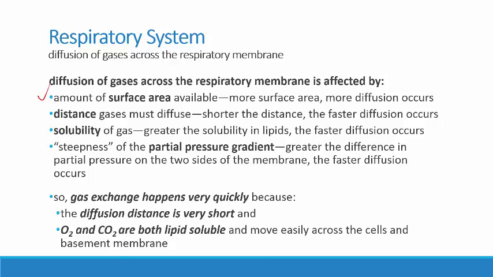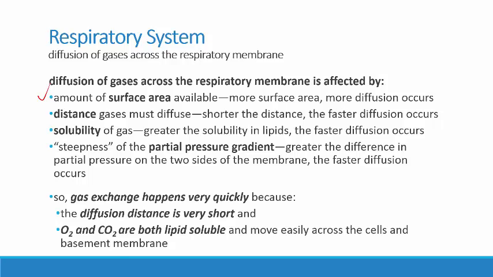The second thing that affects diffusion is the distance that the gases have to diffuse. The shorter the distance, the more rapid the diffusion occurs. And so that's the point of having two simple squamous epithelia there, is that we get the very shortest distance possible for diffusion of oxygen and carbon dioxide.